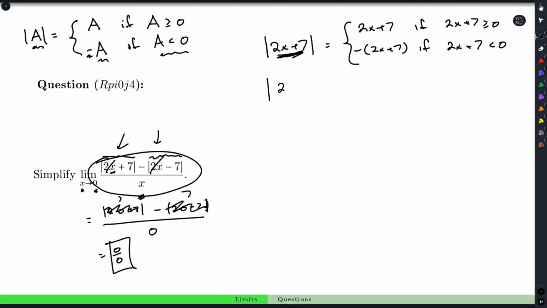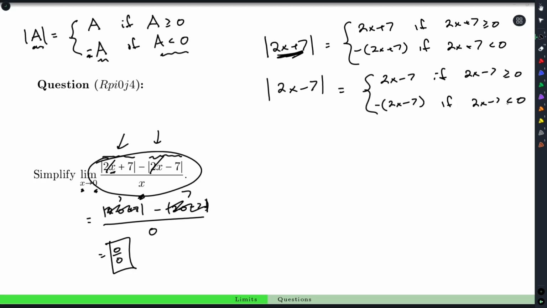Similarly, 2x minus 7 in absolute value, well, you'll get 2x minus 7 out if 2x minus 7 is already itself positive, and that'll change. Different x values will make positive values or 0 or negative values. And you'll get minus 2x minus 7 if 2x minus 7 is negative.